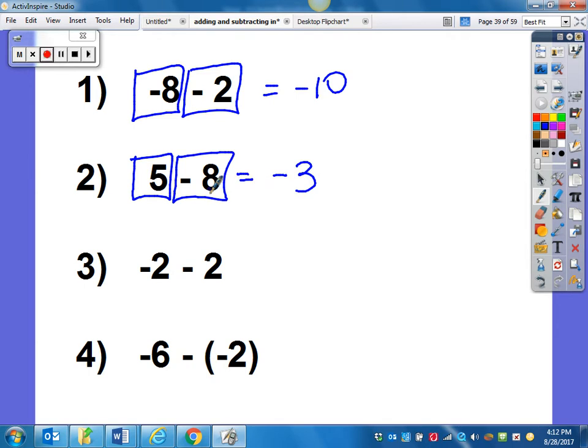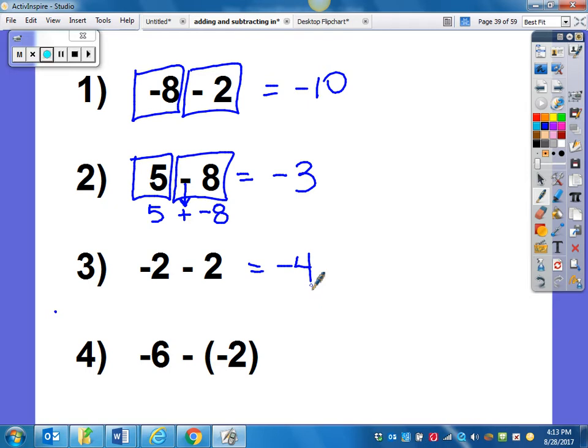Keep in mind, if these are confusing, just write it as the additive inverse. Keep, change the subtraction to an addition sign, change your 8 to -8. This one's -4, and then here's the tricky one.